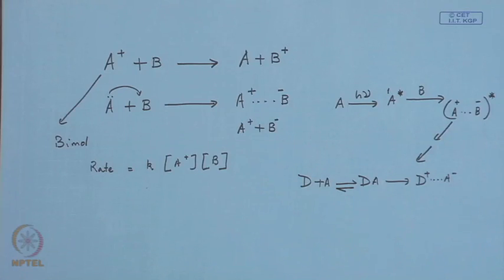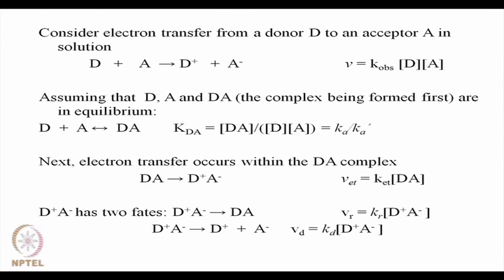Okay. So, the equilibrium constant will be like, this is an equilibrium, K equals DA divided by D times A, which is your Ka divided by Ka primed. Ka is the association rate constant and Ka primed is the dissociation rate constant.